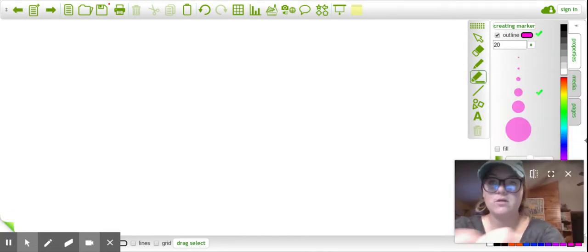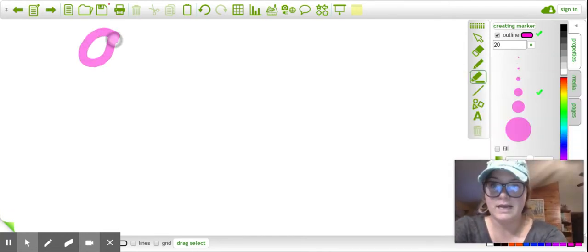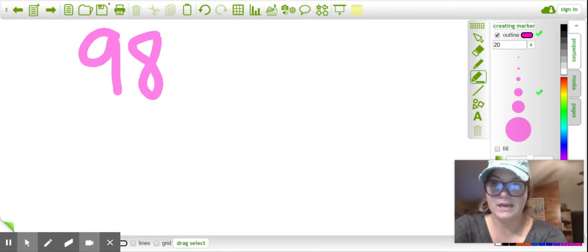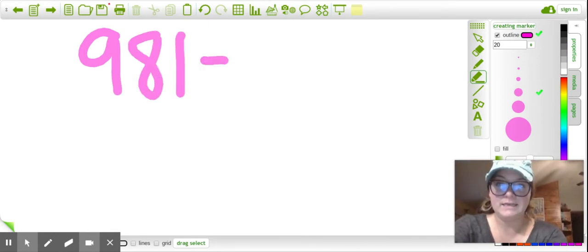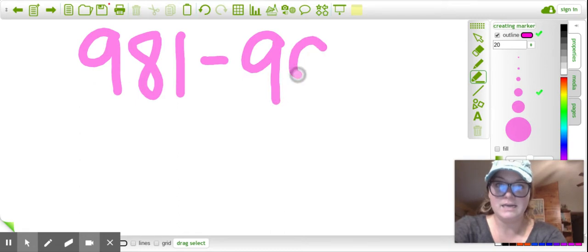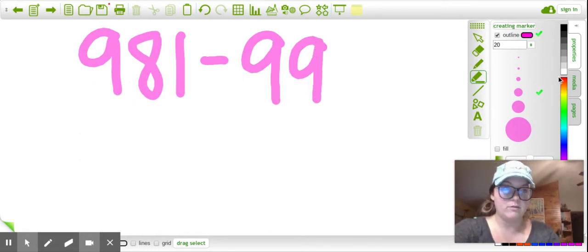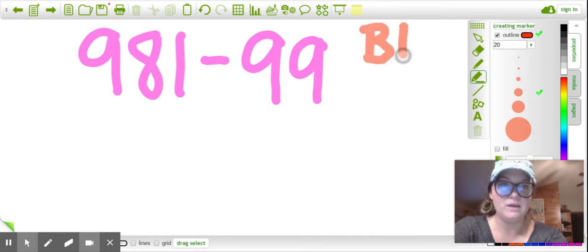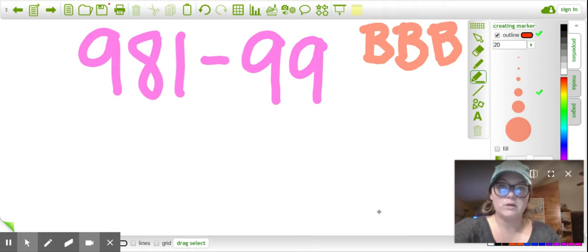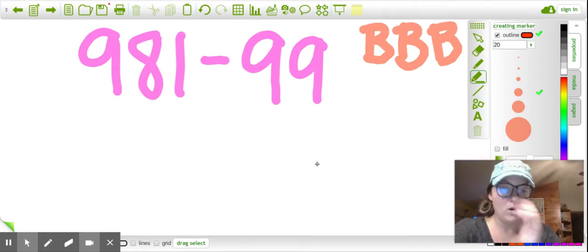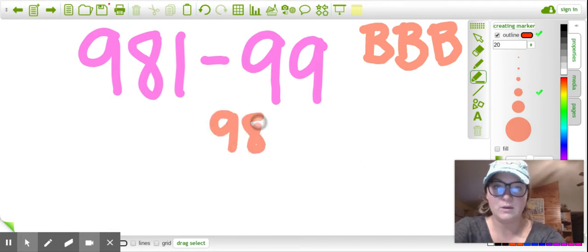All right, we're going to do 981 minus 99. Remember, the big thing that we're thinking about is if the bottom is bigger, we have to borrow. We're starting with the biggest number. That one will always go on the top, and that number is 981.